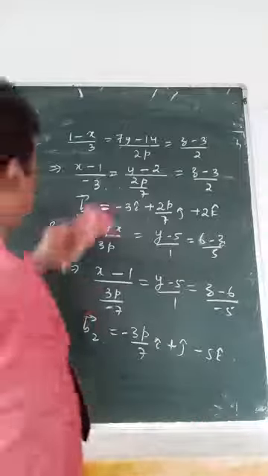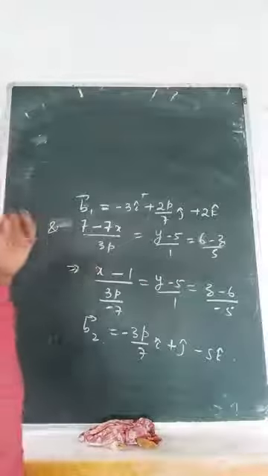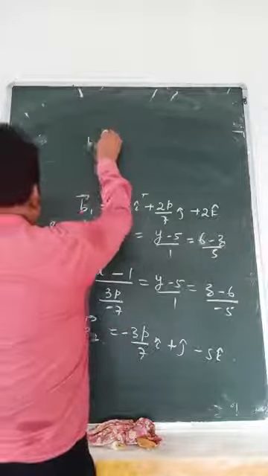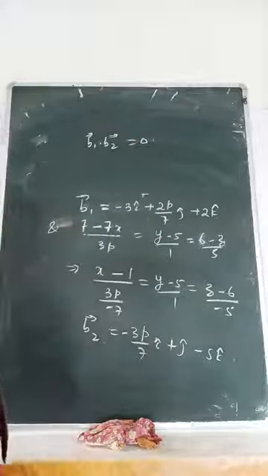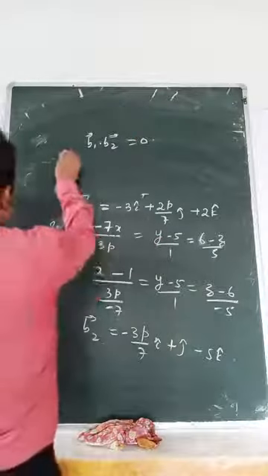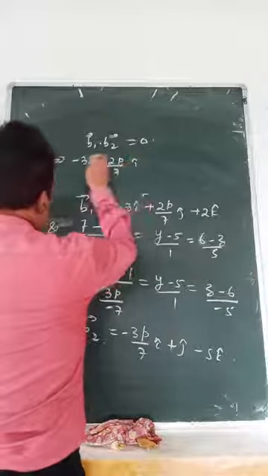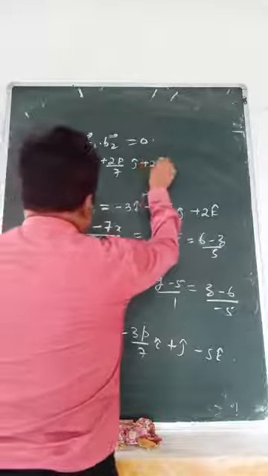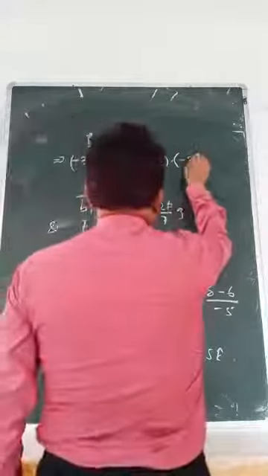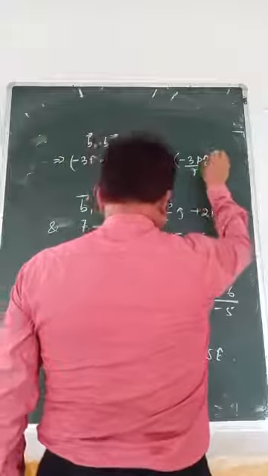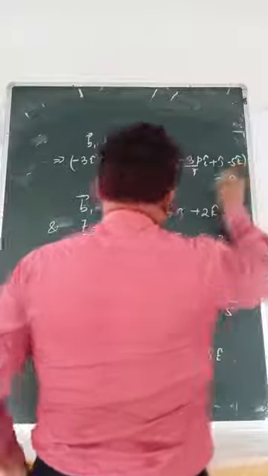So a right angle means what do you write? Right angle means b1 dot b2 has to be 0. b1 dot b2 = 0 means (−3i + (2p/7)j + 2k) dot (−(3p/7)i + j − 5k) = 0.